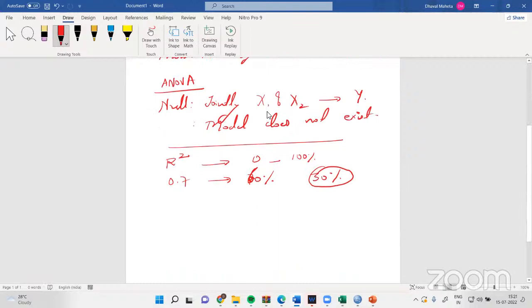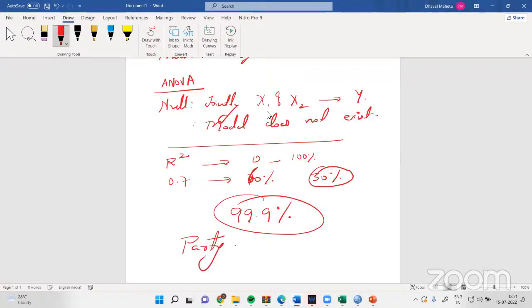Is it clear? Suppose you get an R square of 99.9% and you are throwing a party. You give me a call that, sir, I have made a bingo model whose prediction power is 99.9%, almost 100%, and all the group members are invited.